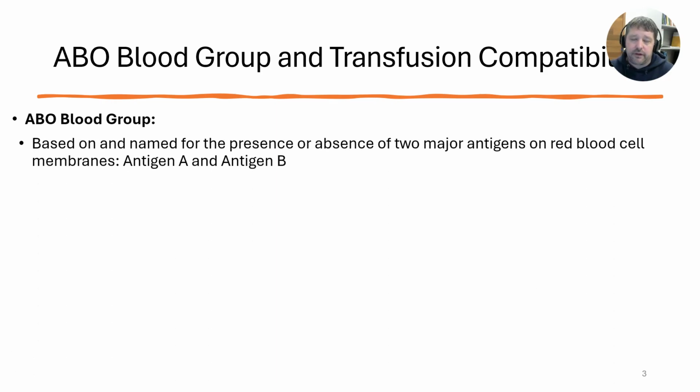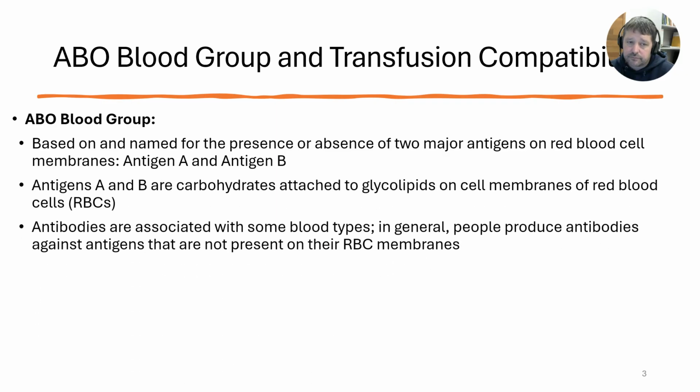So for compatibility, we're really looking at two main antigens: antigen A and antigen B. Those are the two antigens occurring on the outside of the red blood cells that we're most concerned with, whether they're present or absent. Antigen A and B are actually carbohydrates which are attached to a glycolipid.